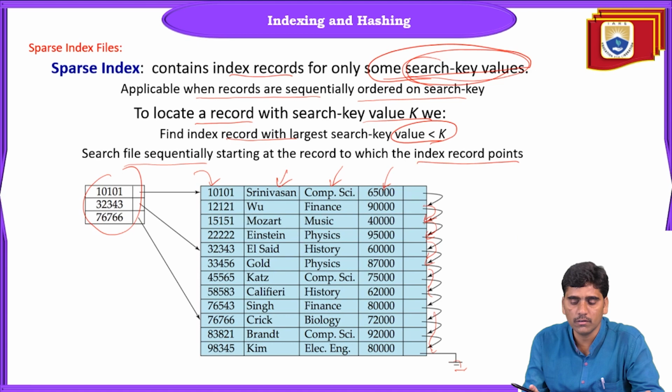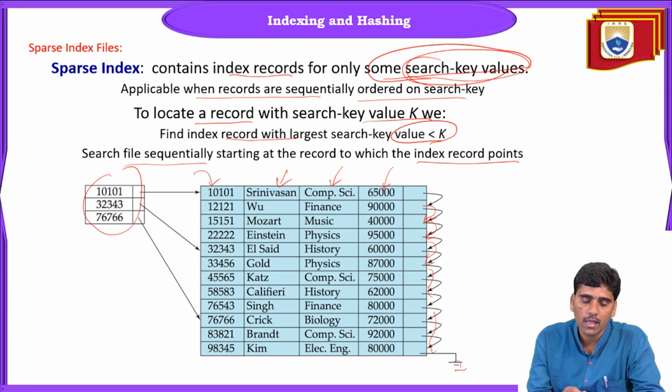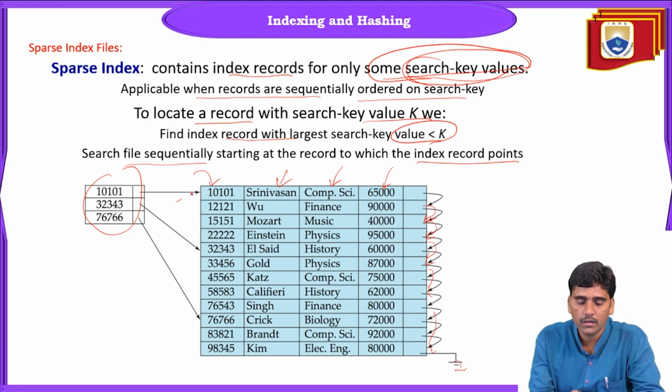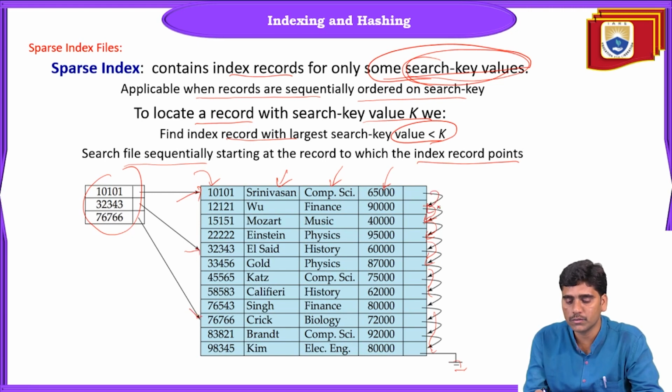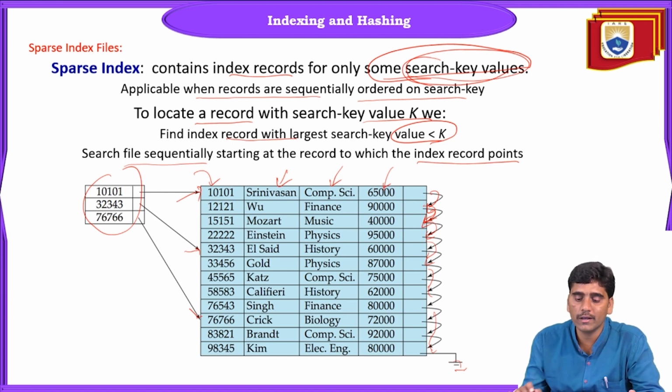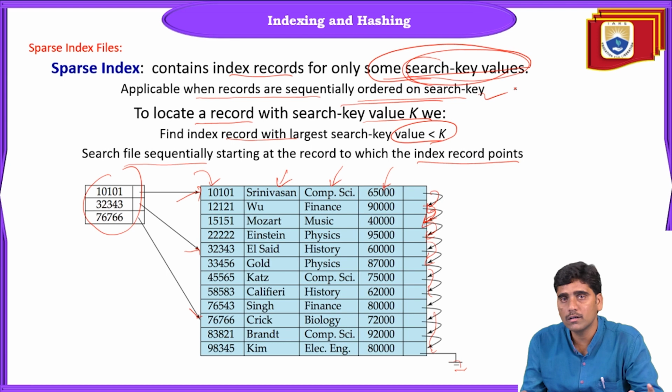Only some search key values will be taken as index values, and the remaining ones point to the next one. This is applicable only when records are sequentially ordered on the search key, and the remaining ones are not displayed.